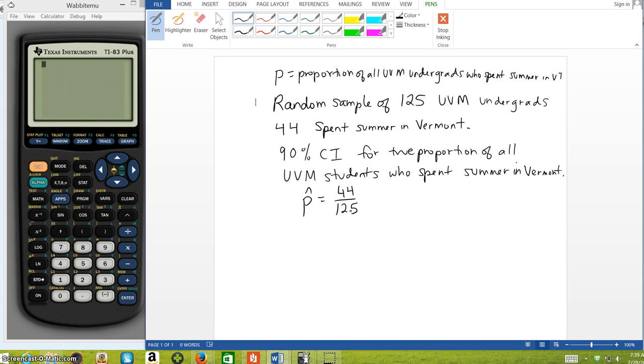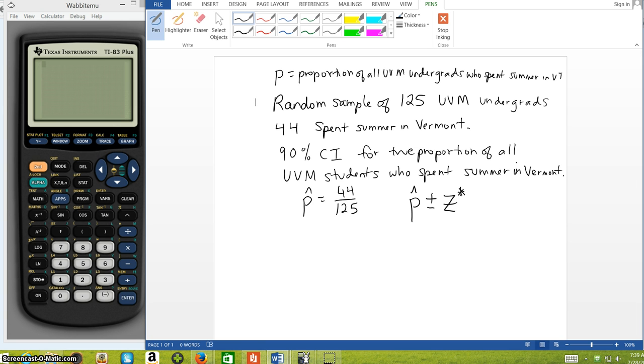Our confidence interval is going to take the form p hat plus to get the upper limit of the confidence interval and minus when we get the lower limit of the confidence interval, a critical value, z star, that's going to give us the level of confidence that we're looking for, here 90%.